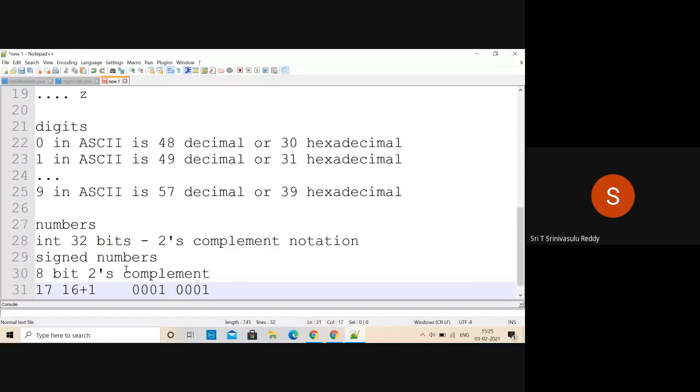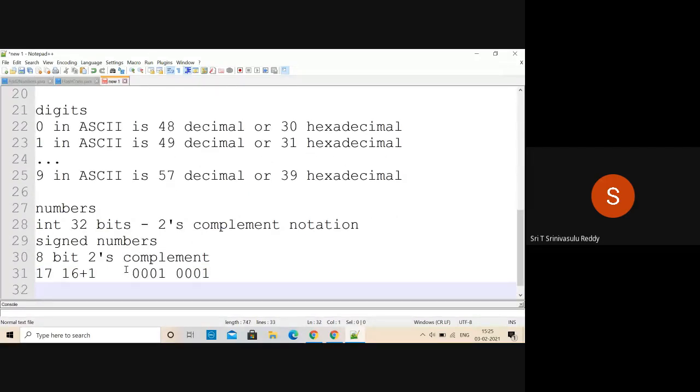So the two's complement representation of 17 is 0001 0001. In all these cases, remember, the most significant bit is used to represent whether it is a positive number or a negative number. If 0 is present in the most significant bit, we understand that it is a positive number. 17 is a positive number.